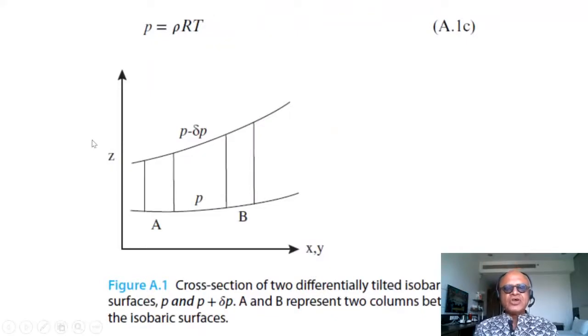So let's start by looking at this height versus longitudinal or latitudinal distribution of pressure. Here is a constant pressure line, and here is a lower pressure, P minus delta P, and these are the differences in the isobars as they go from either equator to poles or, let's say, East Pacific to West Pacific.